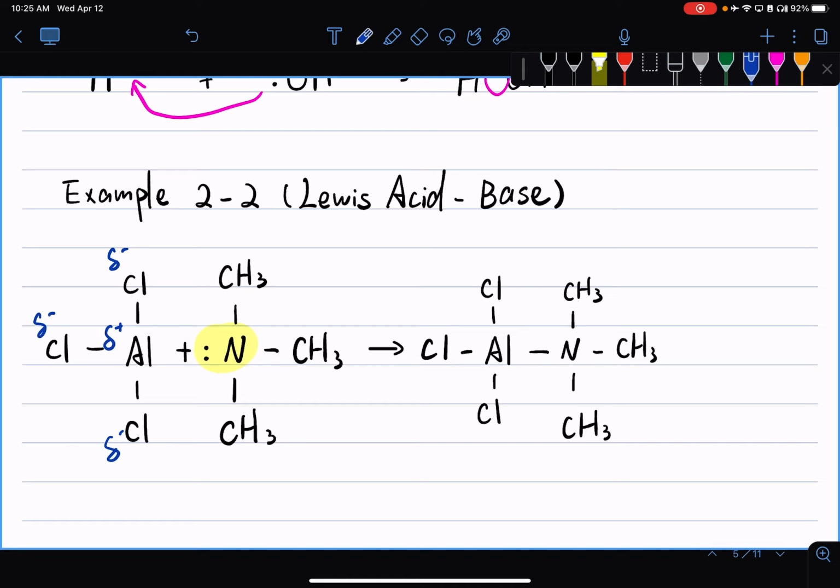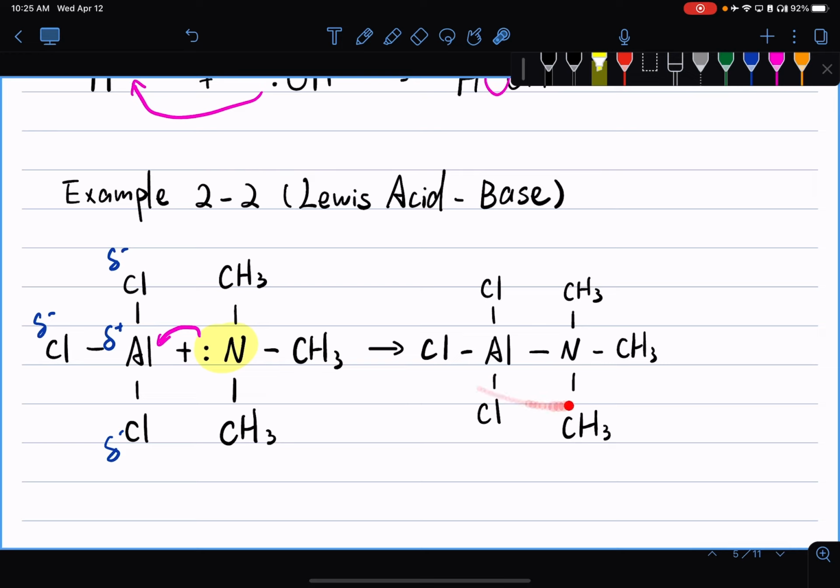So it just boils down to simple Coulomb's law. Your electron is somewhat negative, and they want to move to the more electron-positive part and form a chemical bond. So what we have here is this arrow. We're pushing the electron from the lone pair of nitrogen to the electron-deficient part of my aluminum chloride.